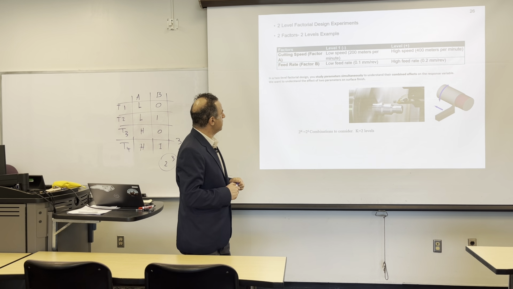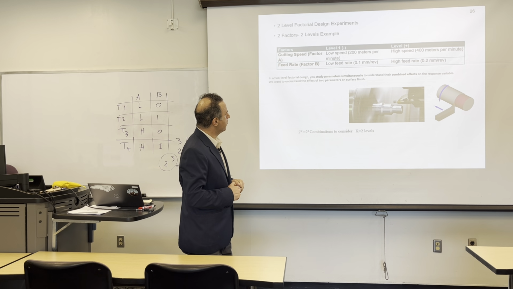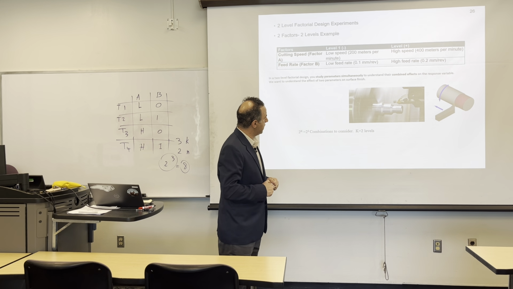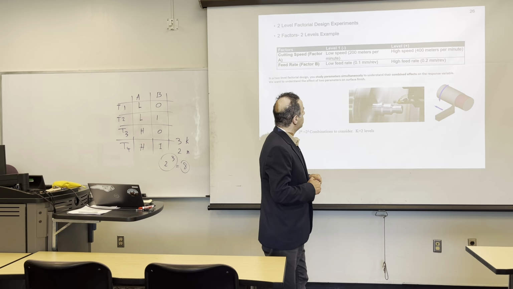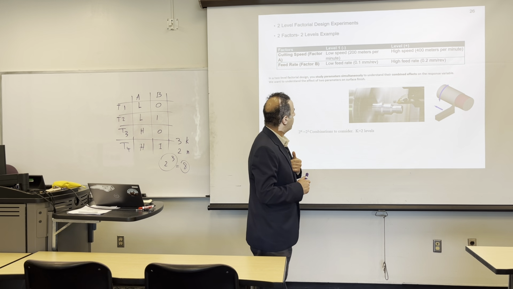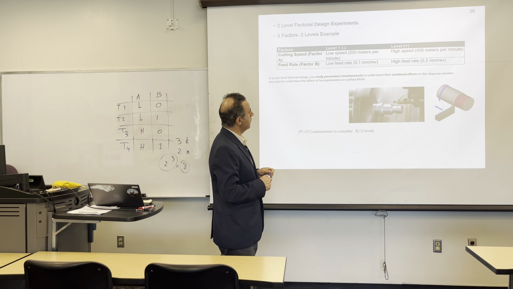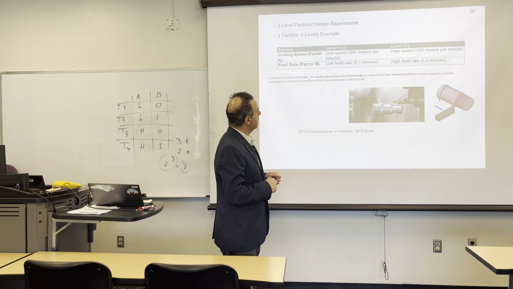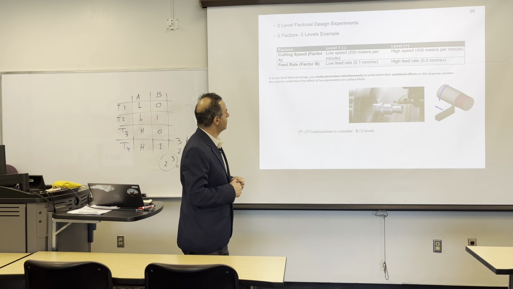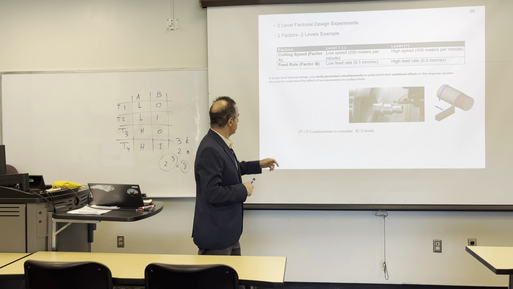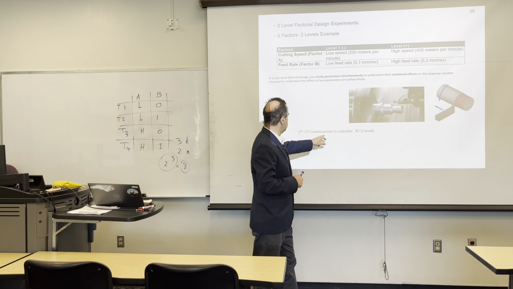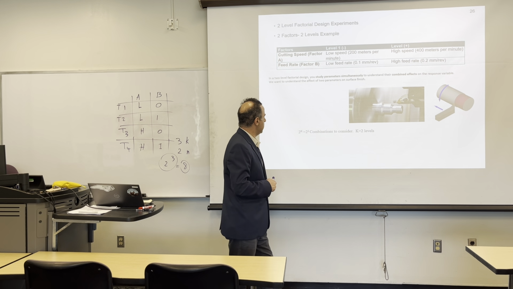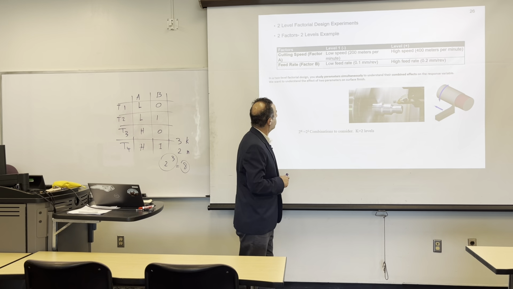The feed rate for level 1 is 0.1 millimeter per revolution, not RPM. The high level is going to be 0.2 millimeter per revolution. So the combination will be 2 to the power of 2, so you will have 4 combinations.